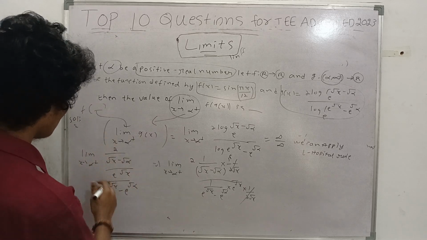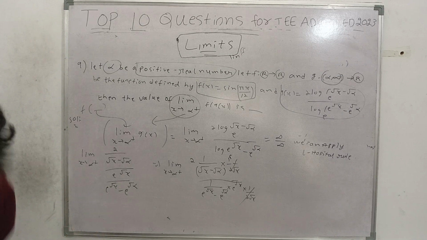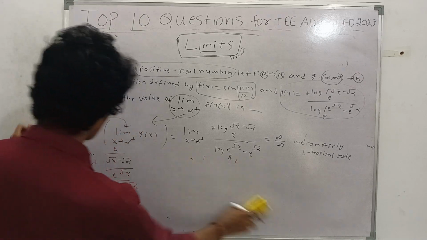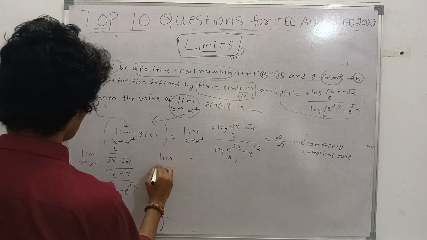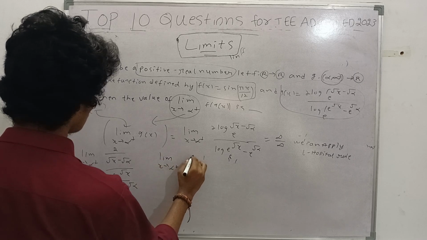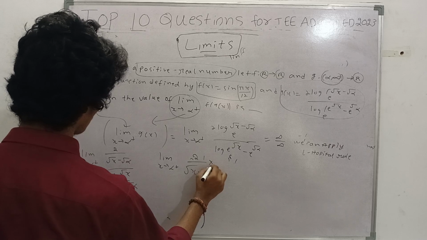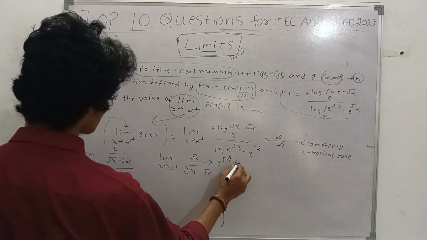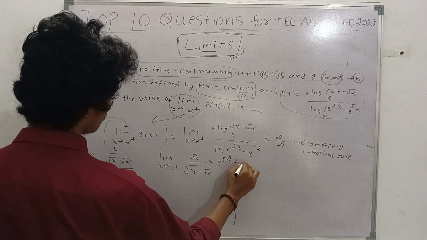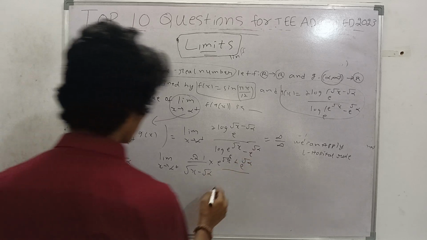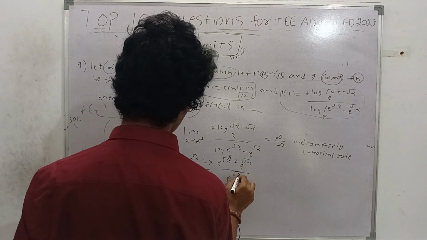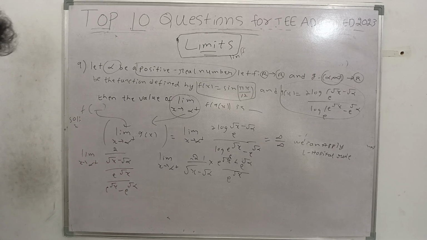So when it is multiplied like this, it will be simply limit x tending to alpha plus 2 divided by root x minus root alpha into e power root x minus e power root alpha divided by e power root x, like this.